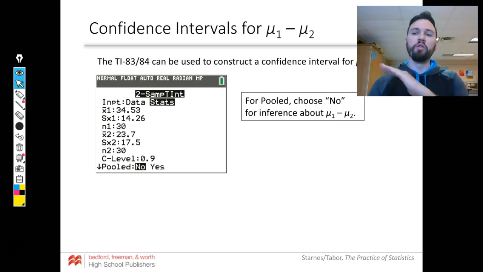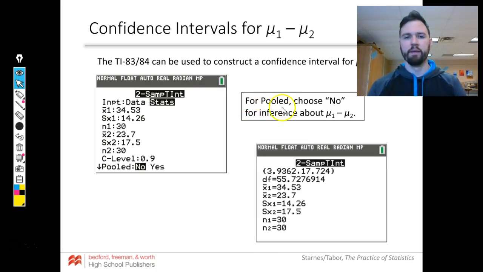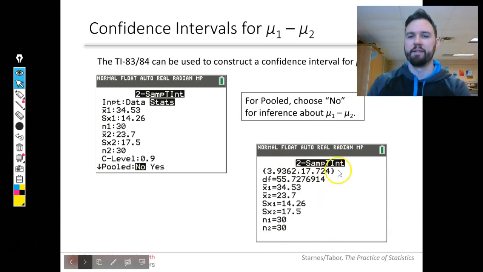We don't pool our data here, okay? You enter, and look at that. It tells you what the degrees of freedom should have been. That's all there is to it, guys. This is your interval. We did it. That's all you have to do for this chapter.